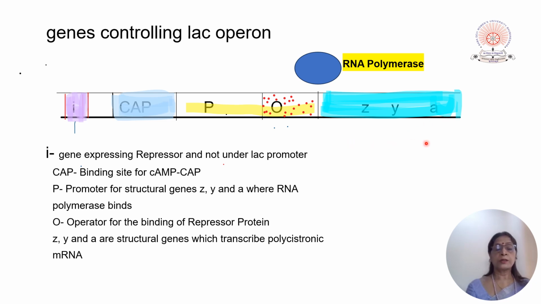The polycistronic mRNA undergoes splicing to produce three segments. Each segment codes for one polypeptide. One codes for beta-galactoside permease, one is beta-galactosidase, and the third codes for transacetylase.